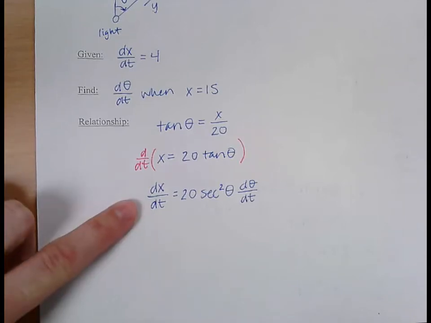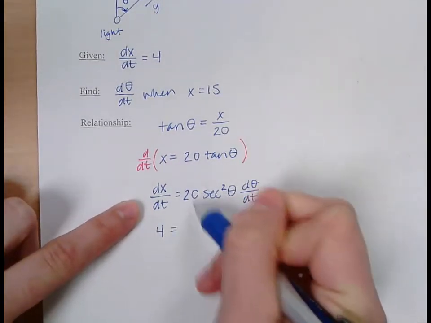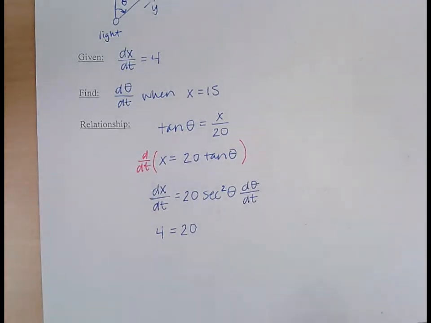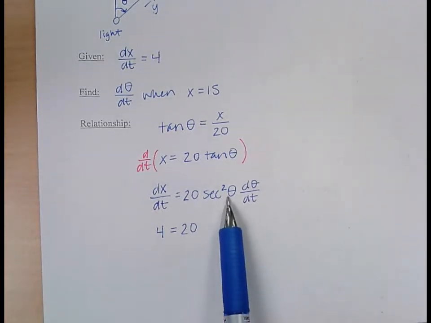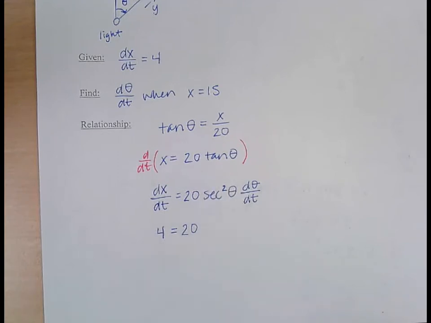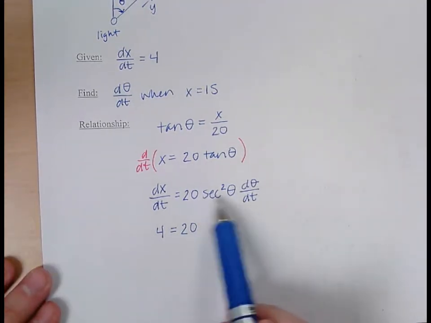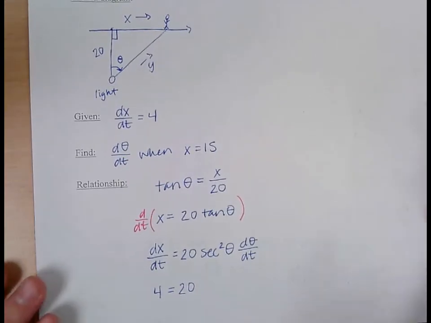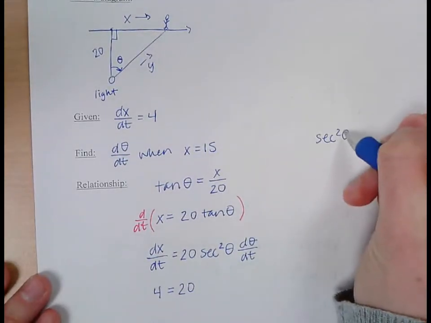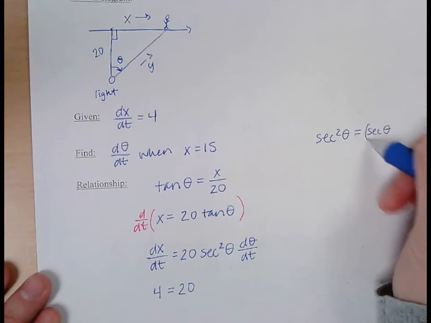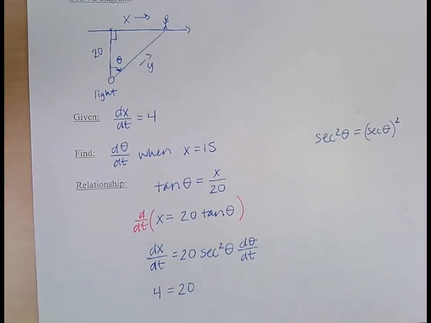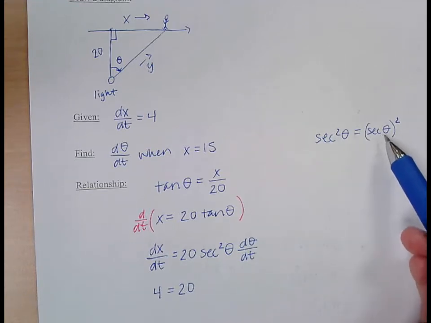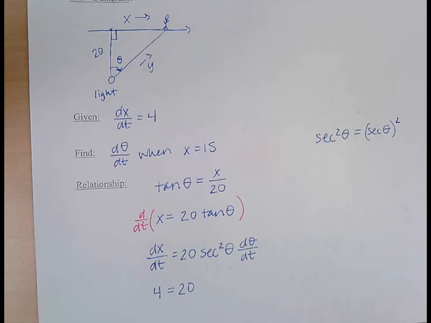So we know dx/dt is 4. We have the 20. We don't know theta, so we don't know secant squared of theta, but we can find it. Remember, secant squared of theta is just secant of theta squared, so you don't even need to find theta, you just need secant of theta. So what is the ratio for secant of theta?